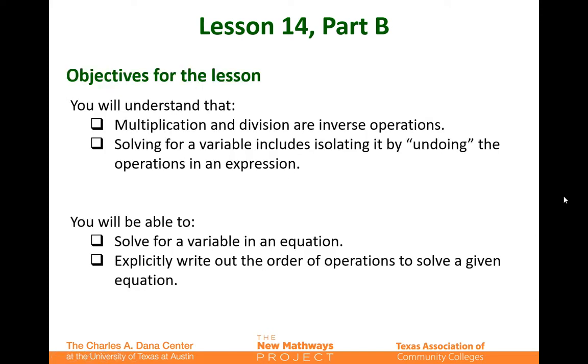All right, we're going to talk about the fact that multiplication and division are inverse operations. Basically, that means division can reverse or undo multiplication. Multiplication can reverse or undo division.